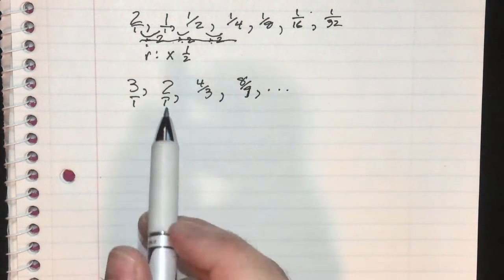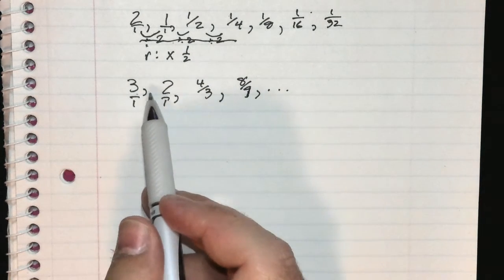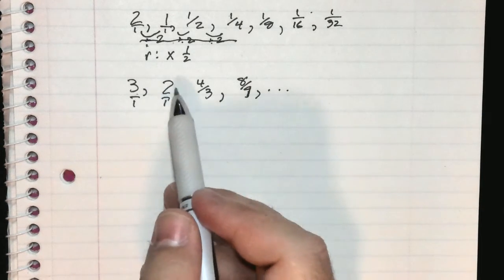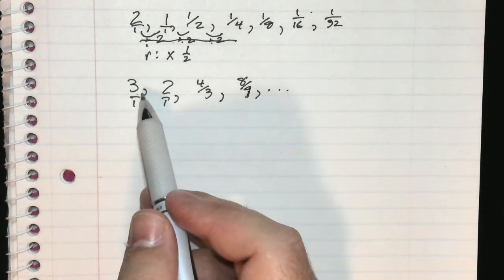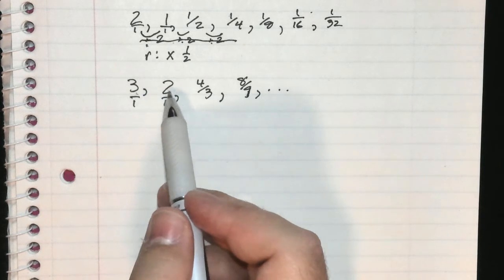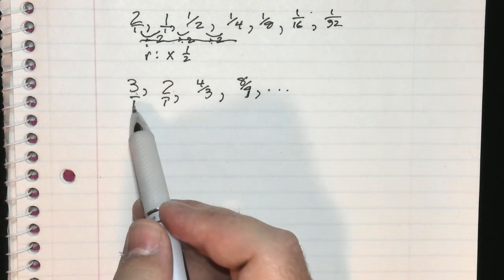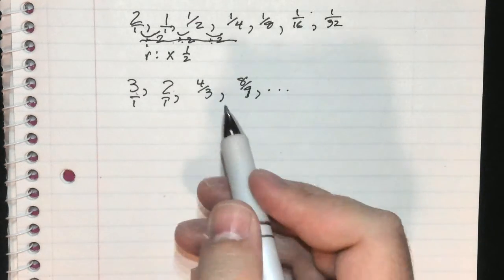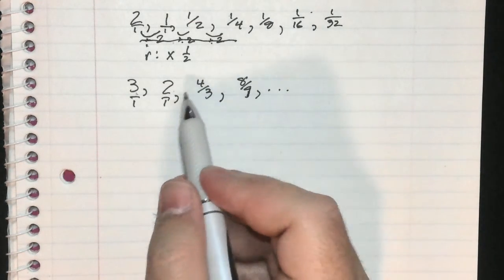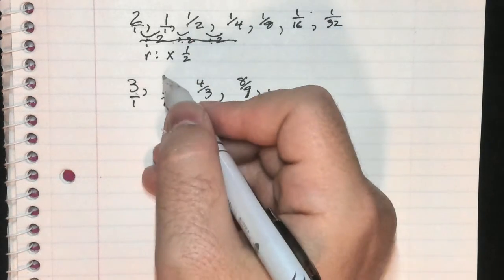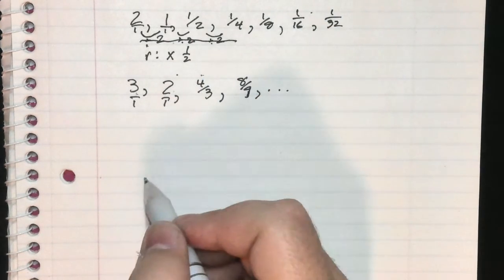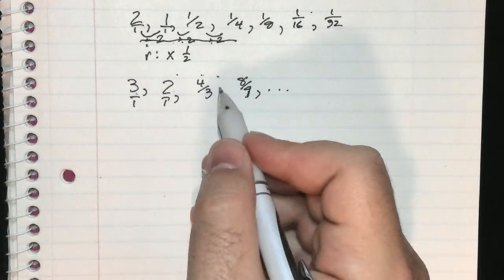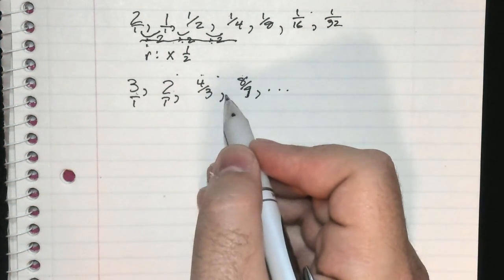We typically like to think about going from A1 to A2 to A3 to A4. However, it's really hard to see a direct pattern here because I can't think of how to go from 3 to 2. I can easily say how I would go from 1 to 1, but 3 to 2 is a little more difficult. So I'm going to pick out easier patterns to look at. I like looking at these two right here, or possibly these two, because they were already fractions anyway. So let's start over here.